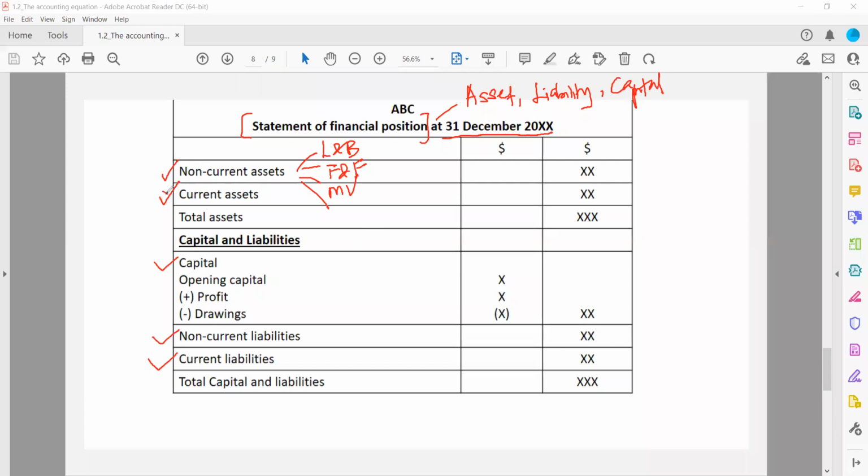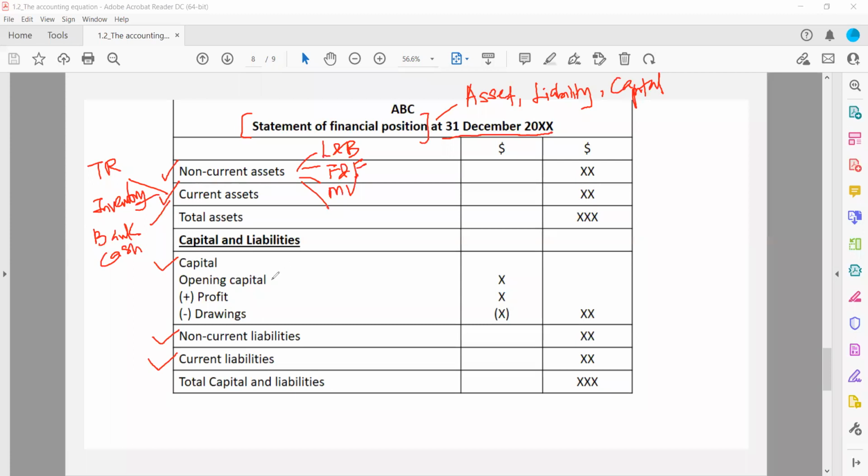For the current asset, the accounts that we have are trade receivable, inventory, something belonging to us, that is called asset, bank, cash. So these are some examples for the current asset.